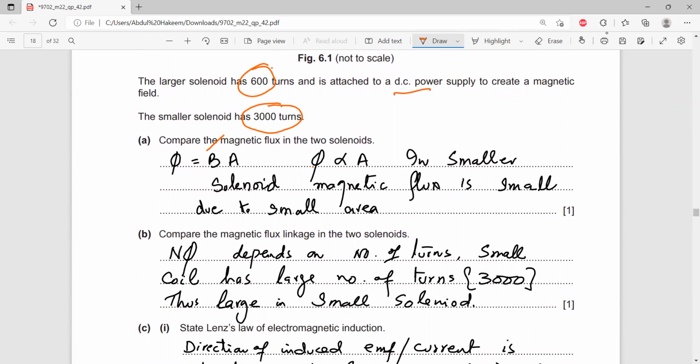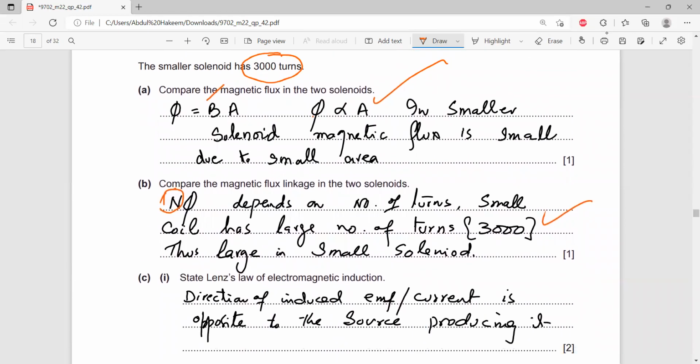So the magnetic flux linkage is large in the small coil. Yes, its flux is small, but the flux linkage is large. Part A is about the magnetic flux only, and the second part is about the magnetic flux linkage only. The magnetic flux depends on the area, and magnetic flux linkage depends on the number of turns of the coil.